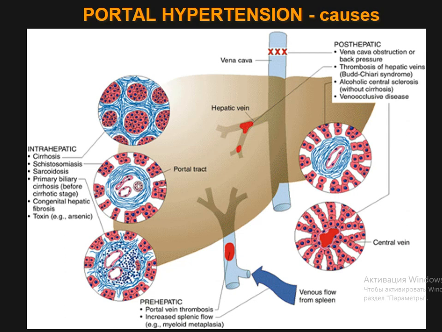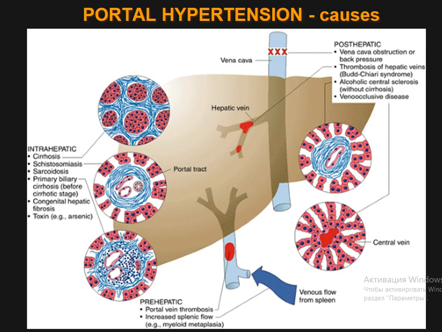Intrahepatic vasoconstriction in cirrhosis may exacerbate portal hypertension. Central venous sclerosis and sinusoidal fibrosis also contribute to the development of portal hypertension in alcoholic liver disease. In fact, portal hypertension can result from alcoholic central sclerosis alone, even in cases that don't progress to cirrhosis.